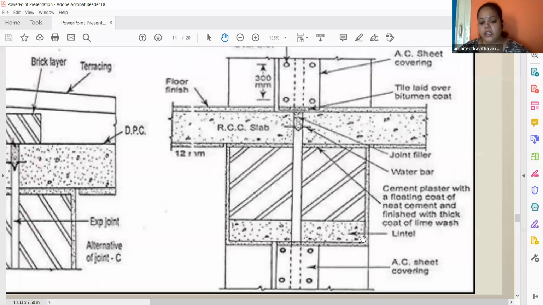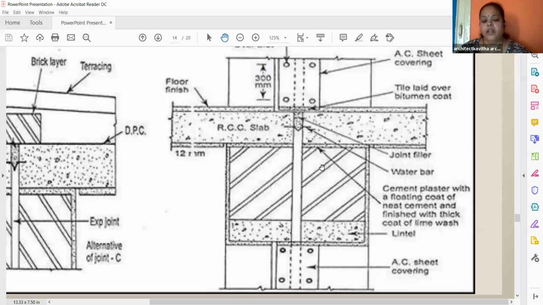Everything will be disconnected if you see. So the complete structure will be separated. You will have two columns here and here, because the load is not transferred to this side. So this will be separately taken care of with respect to the load, and this side it will be taken care of with respect to the load.